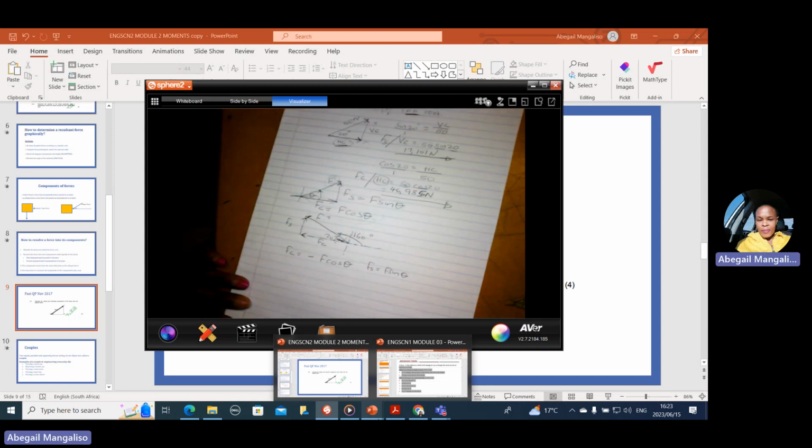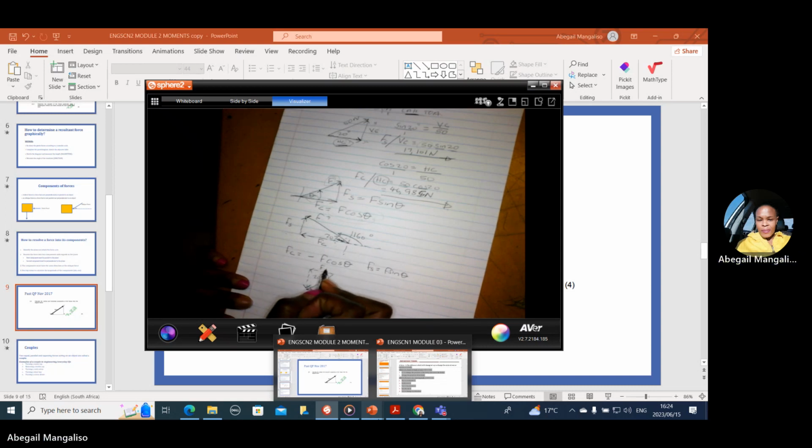Now, if this force lies on the third quadrant, let's say you are given this force like this, and this angle is 20 or theta. You close the right angle triangle like that. That is the third quadrant.